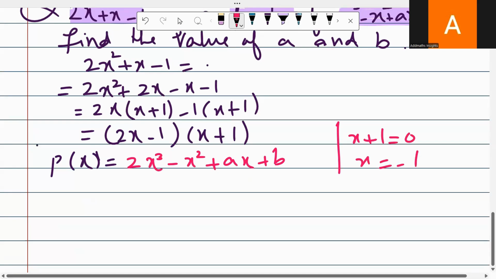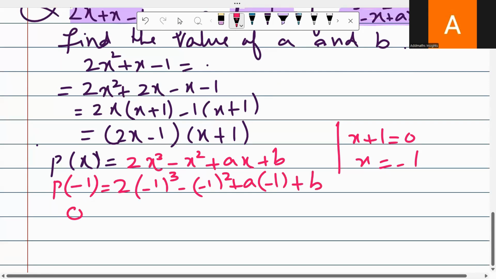So it means when you replace x by minus 1, because this is a factor, this whole expression will be equal to 0. So you will write here 0.